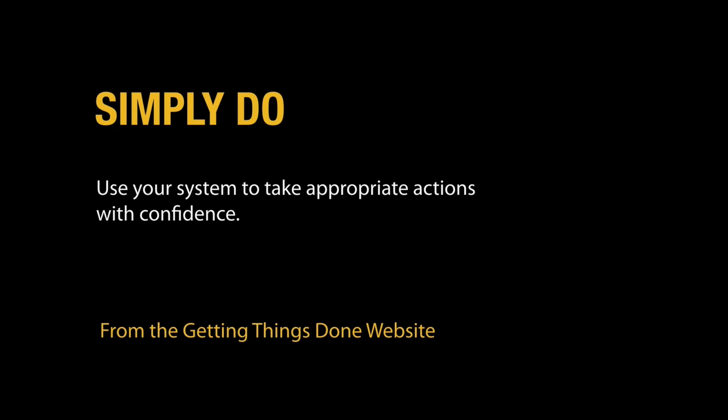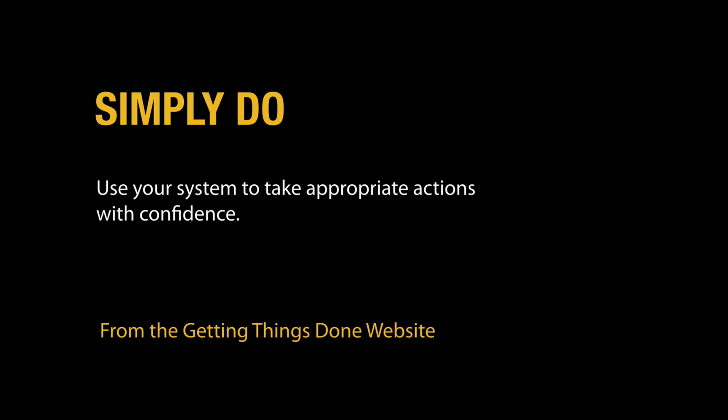Okay, so according to the Getting Things Done website, the 5 steps, simply do, this is engage, use your system to take appropriate actions with confidence. Now, the key here is with confidence, because if you have done the previous 4 steps, the capturing, the clarifying, the organizing, the reviewing, you will now know that your mind and your focus is on the most important things that you need to be doing.